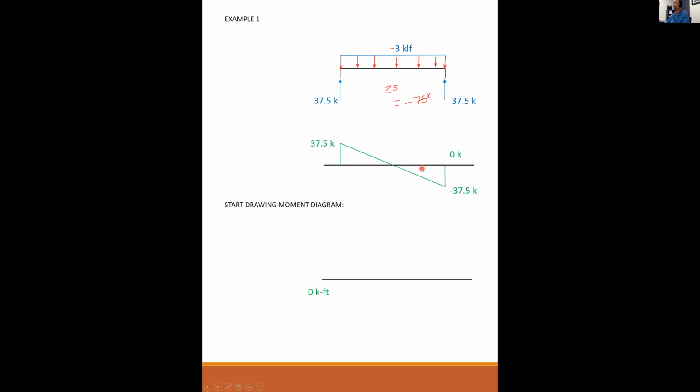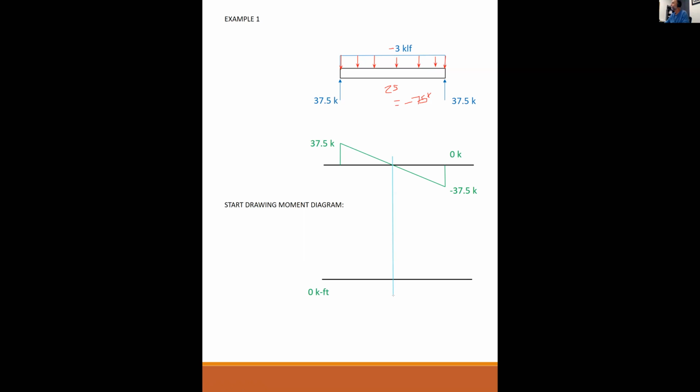So using the geometric method, how do I find the magnitude of the maximum moment? The change in moment would be the area of the 37.5 kip triangle in the shear diagram.